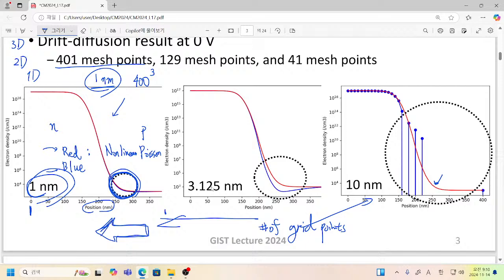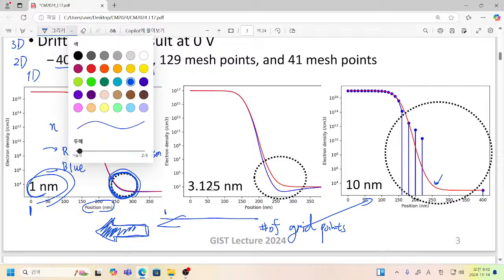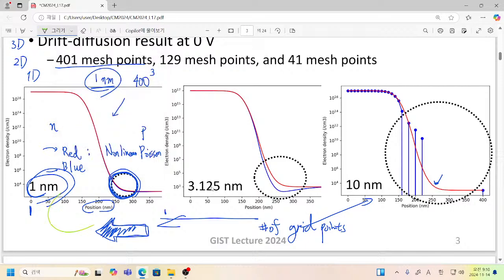But the point is, usually our situation is not in this very lucky case, but many times we are somewhere around here. We want to reduce the number of mesh points as much as possible.